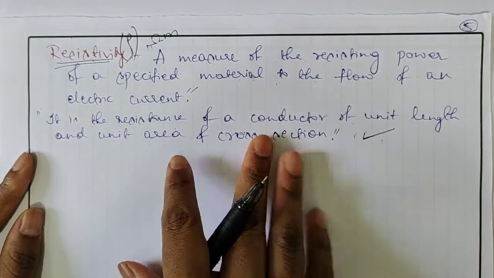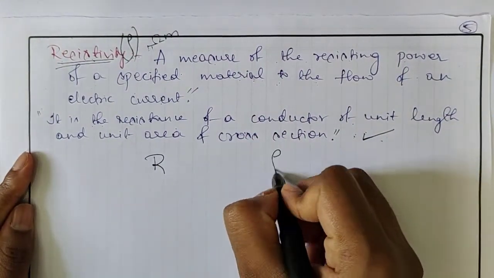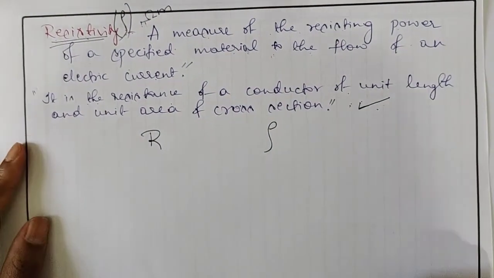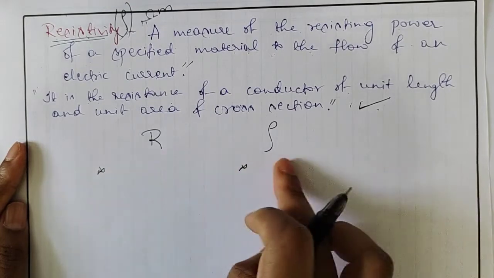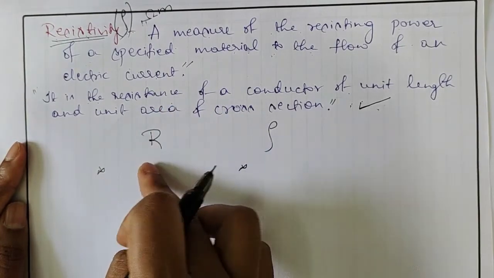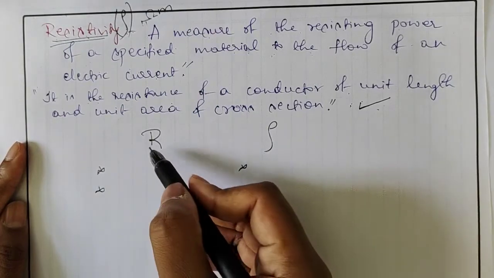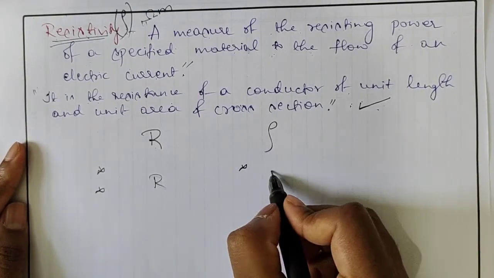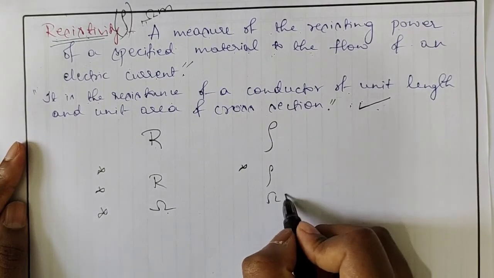Now you will get a question. Differentiate between resistance and resistivity. Can you guess any simple 3 points? First one, what you need to write? You need to write its definition. Resistance and resistivity. Second, you can easily write the symbol now, which is denoted by R, which is denoted by rho. Third, unit, SI unit, it is ohm, it is ohm meter.